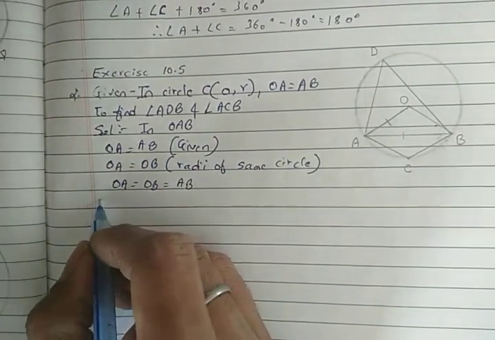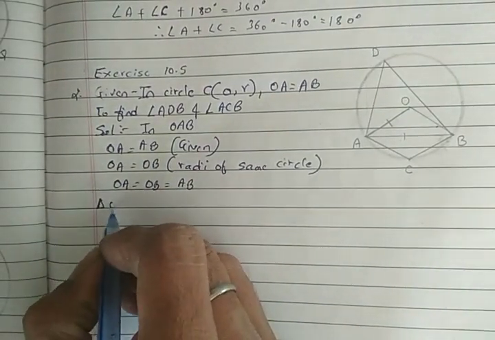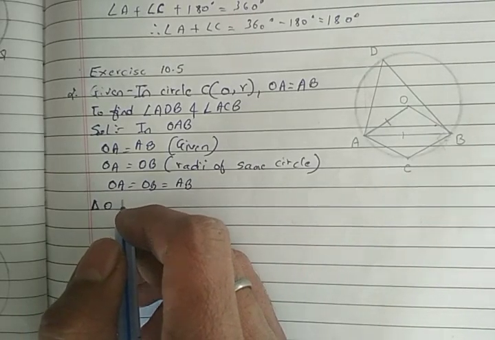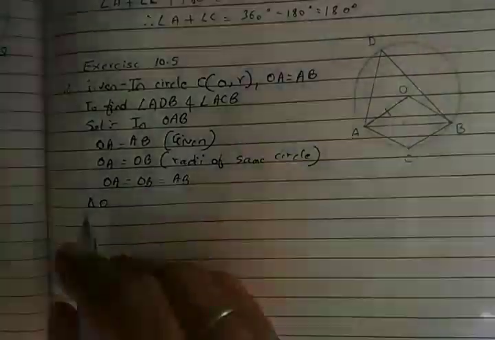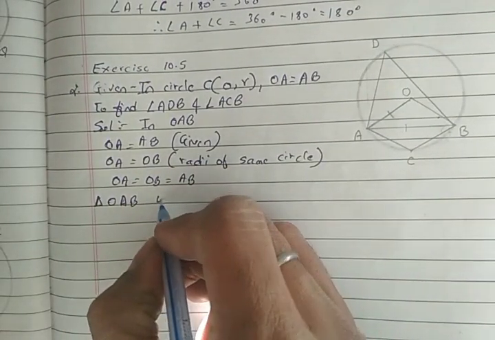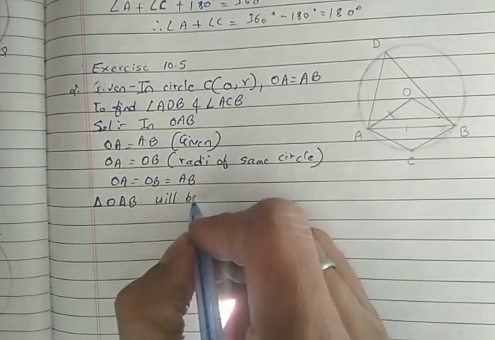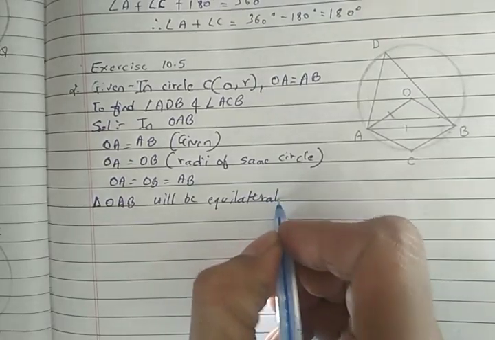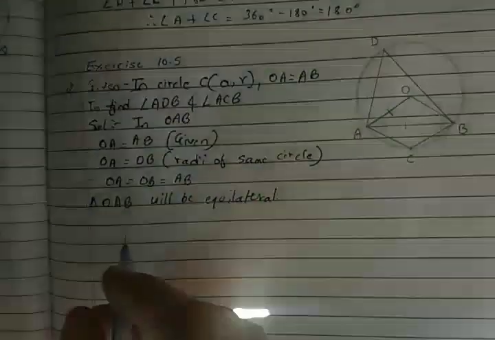Hence triangle OAB will be equilateral, because we have proved it above.